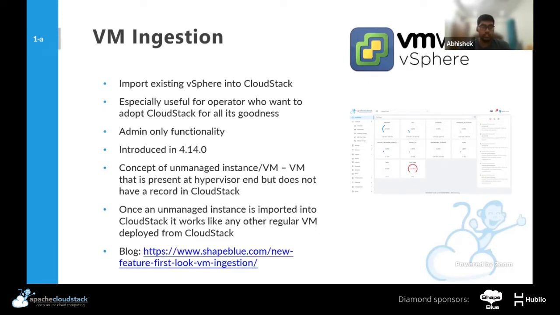With this feature, such virtual machines can be imported into CloudStack. And once they are imported, they work like regular virtual machines that users or admins deploy from CloudStack, and all the operations that are available in the CloudStack UI or through the API are also available for these virtual machines.